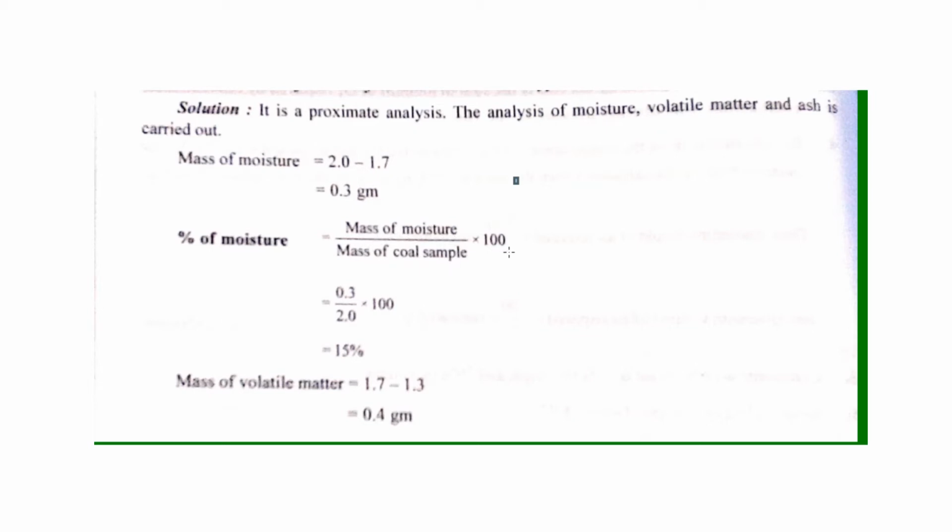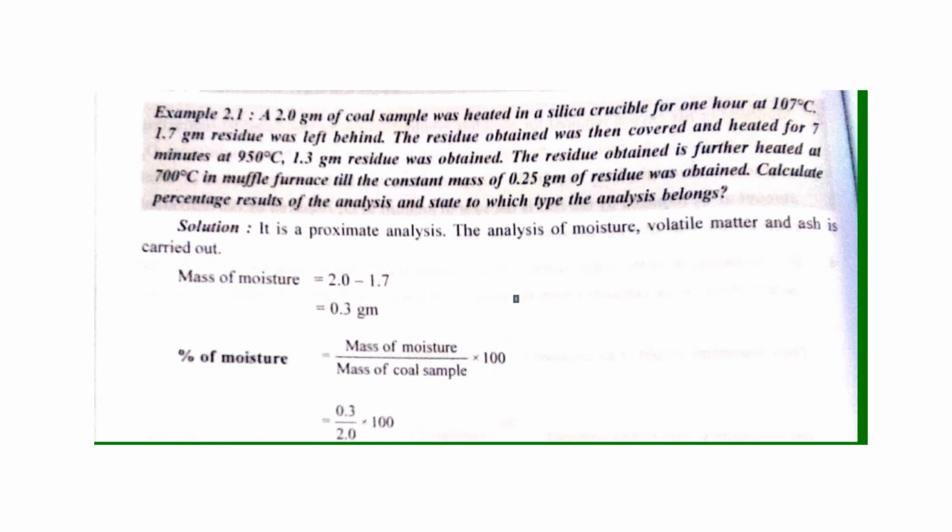coal sample into 100. As you can see, we started the analysis with 2 gram of coal sample, and when we heated it at 107 degrees centigrade for 1 hour, this is the left behind weight, the weight of B. So the weight loss due to the presence of moisture is A minus B. A is 2 gram, B is 1.7 gram.